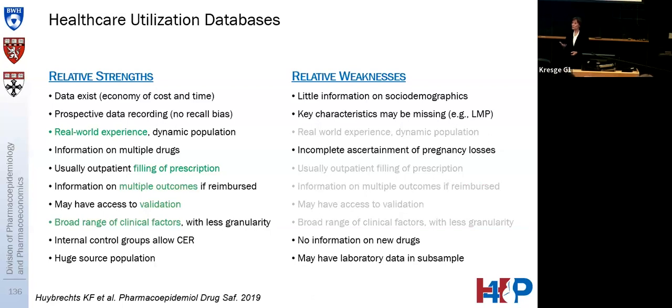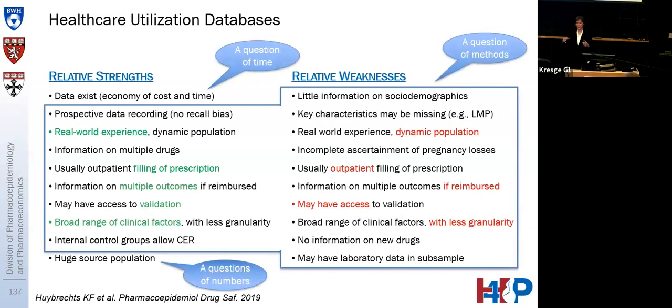We have incomplete ascertainment of pregnancy losses. If the loss occurs before the pregnancy is recognized, obviously we don't have information, but also if the loss happened outside of the medical system. And we're often interested in having some information on laboratory values, like, for example, HbA1c values in the context of diabetes. While we have information on laboratory values, it's often for just a subset of the population.